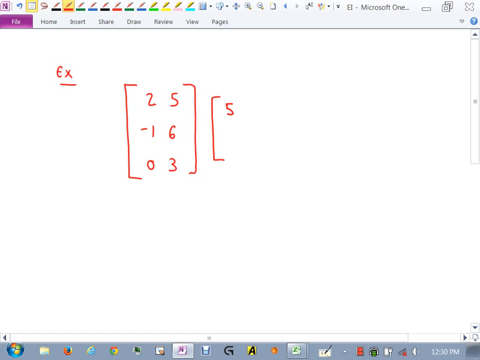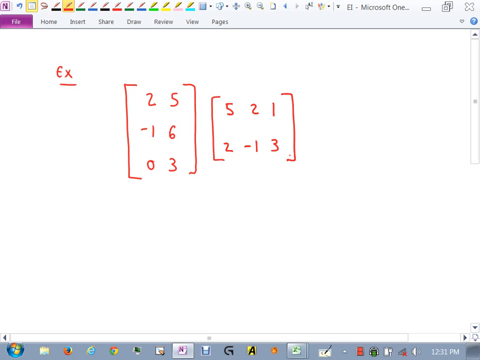Okay, so let's try this example. I would like for us to multiply, let's do 2, 5, negative 1, 6, 0, 3. Can I multiply those two?